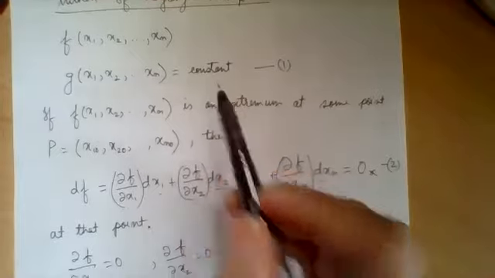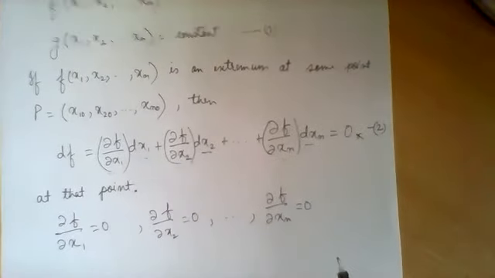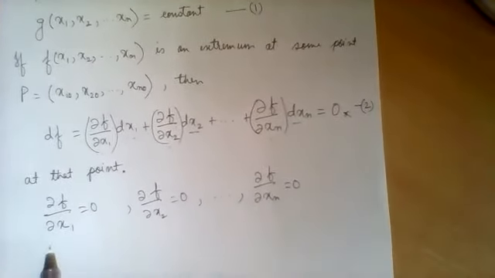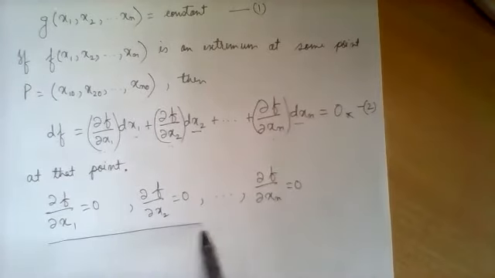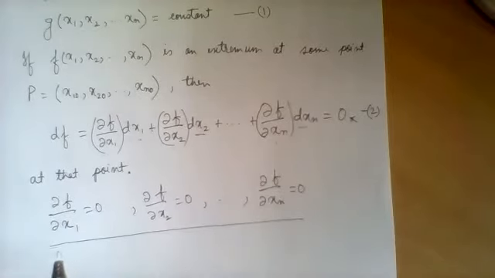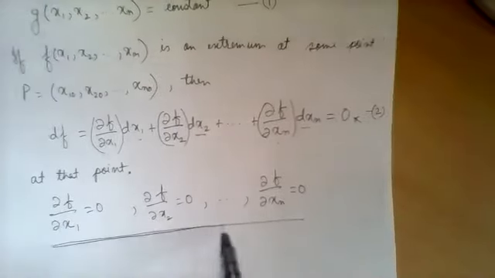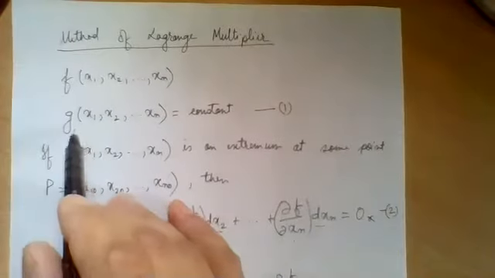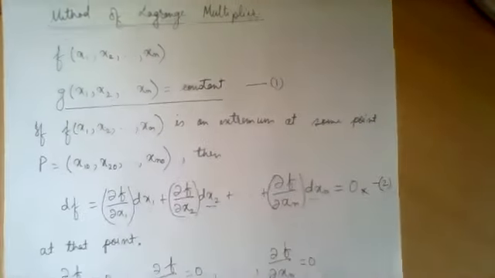So now, with the constraint equation, this condition will not be a condition for the extremum. Why? Because of the presence of this constraint, all the x's are not independent of each other.